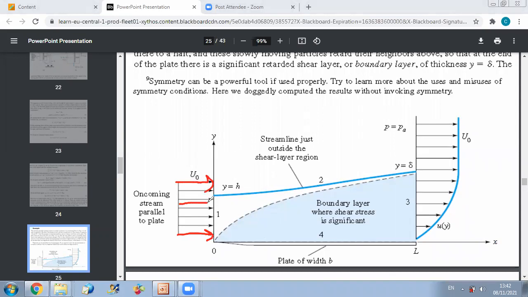Now, as it goes over the wall, due to the non-slip condition, particles near the wall will be forced to stay at a velocity of 0. And this will lead to the development of what is called a boundary layer. And the velocity will progressively increase until reaching u0 again far from the wall.